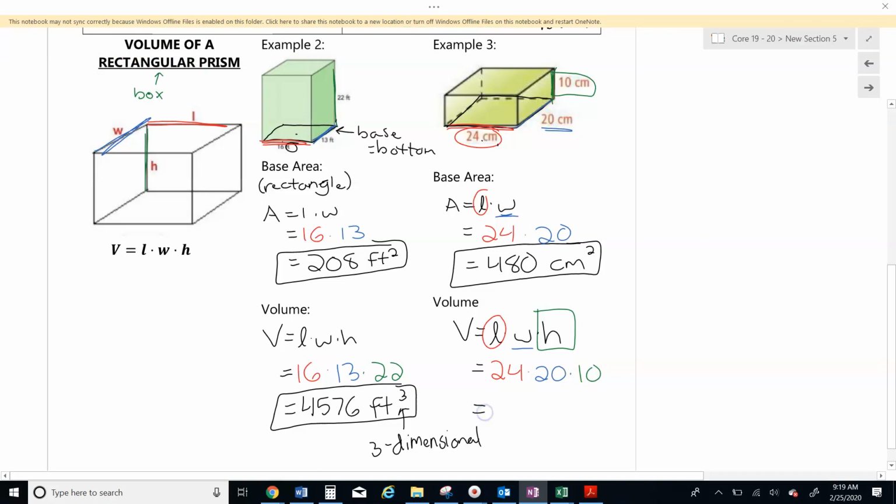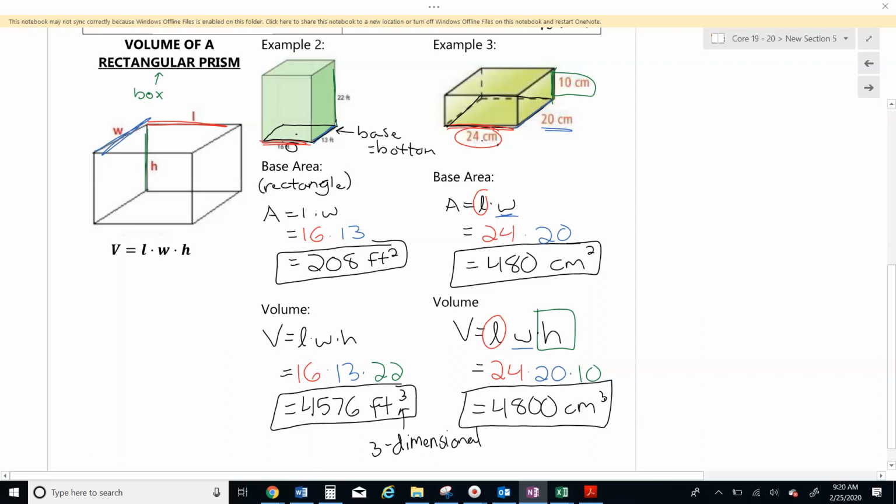Type that in a calculator, we get 4,800 centimeters cubed. Again, cubed because now it's three-dimensional. Area is two-dimensional, volume is three-dimensional. Okay. All right, that is it for a rectangular prism.